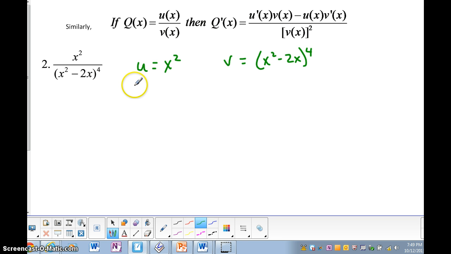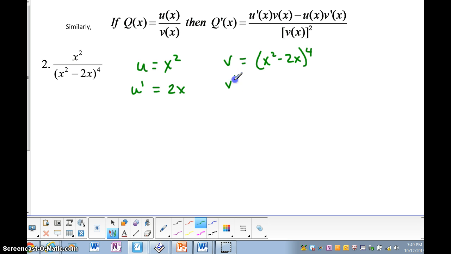Now the good practice is finding the derivative of u. And in this case, in the second problem, we're going to use the prime formula, which is, again, just a different format to write the same thing that we just practiced. So we will find the derivative of u. Another way to say that is u prime. And the derivative of u would be 2x.